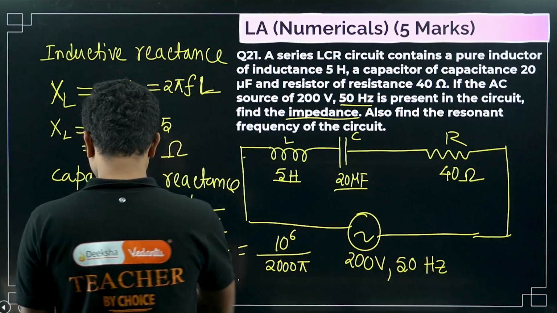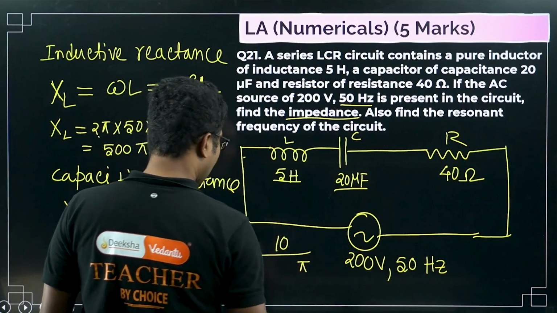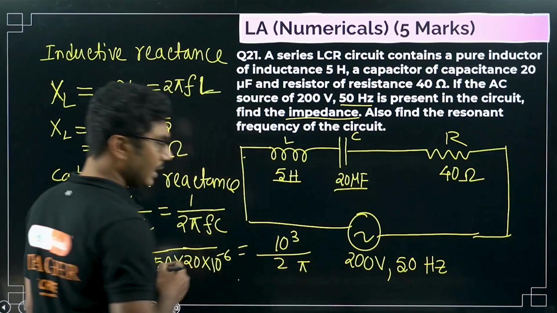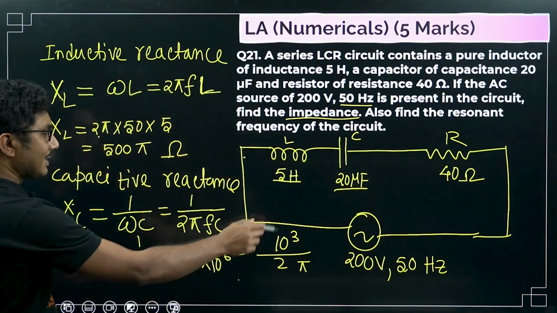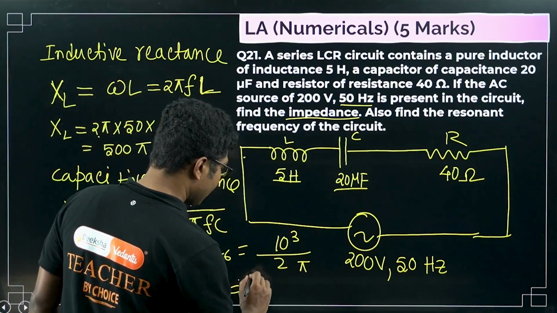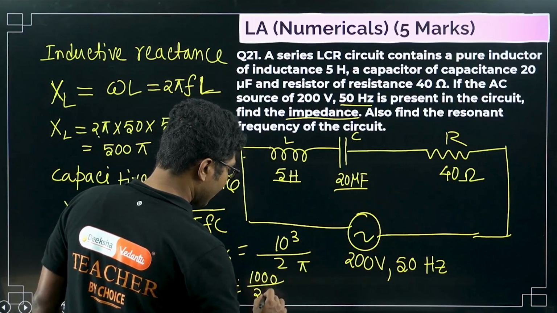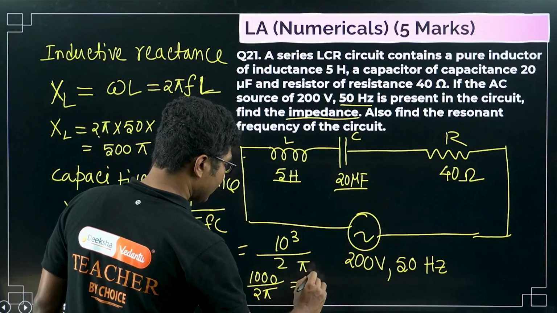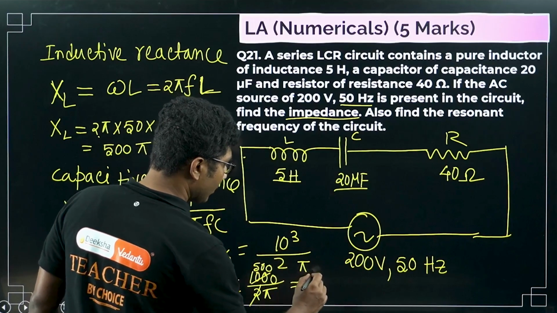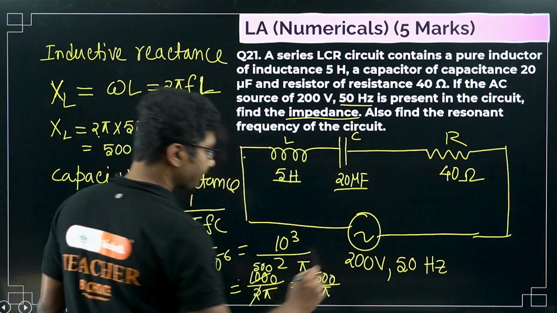First of all, we will cancel these 3 zeros and 3 zeros from the top. So these 3 zeros are cancelled and 2 remains. Now 10 to the power 3 means 1000 divided by 2 pi equals, it will cancel, you will get 500, so it will be 500 divided by pi.